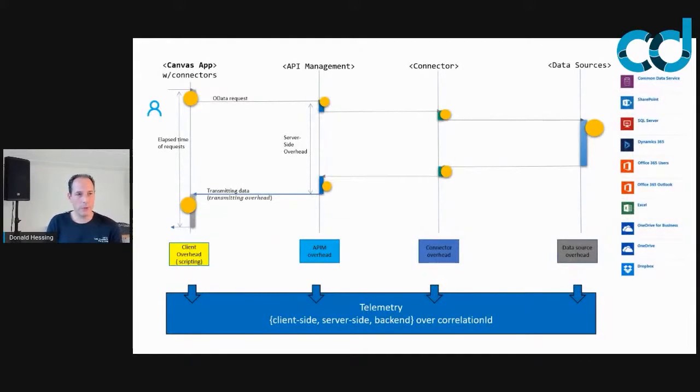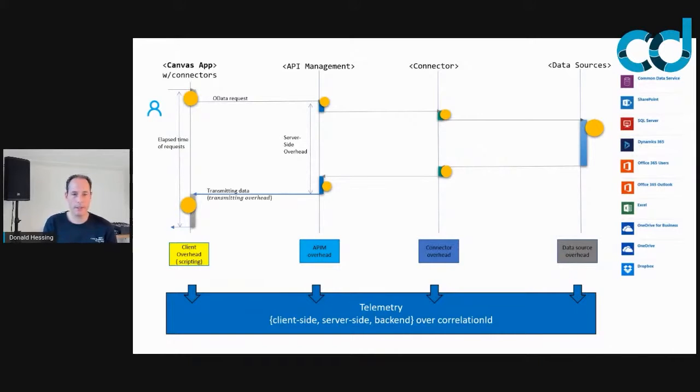Important to understand, if you work with connectors, is that there's always a performance implication. Depending on the query that you do to your data source, there is obviously a processing time in the data source. But the total time is not just the time it sits in the data source. There is some additional overhead because of the scalability, performance and security layers that the Power Platform brings in.